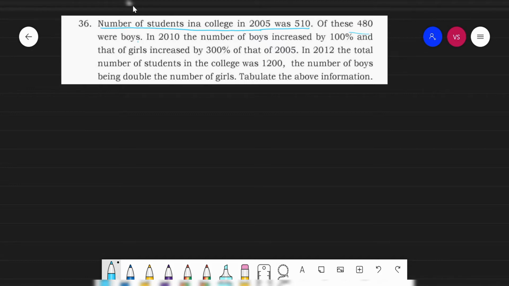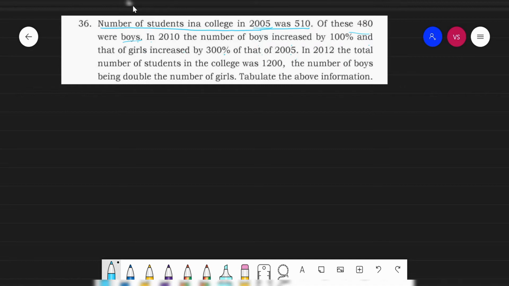See, you can clearly understand here what the characteristics are that we have to classify the data by. They said number of students in a college in 2005. That means there is one characteristic here, that is years. Then there is one characteristic about the sex, about the boys. In the next line, it says in 2010, the number of boys increased by 100%, and that of girls increased by 300% of that of 2005.